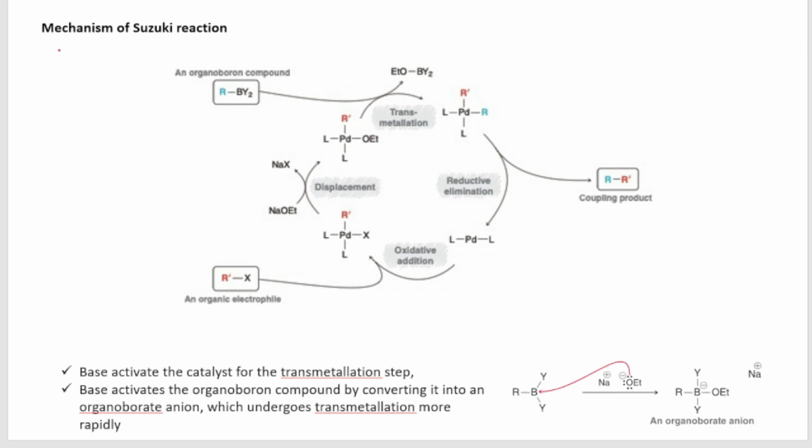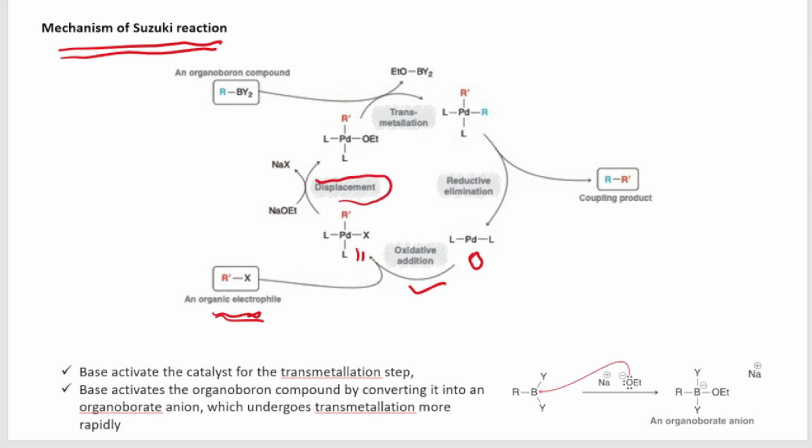And the mechanism of the Suzuki reaction. The Suzuki reaction mechanism is the same as the Stille reaction. The first step is the palladium 0 state will undergo oxidative addition, react with the organic electrophile, and it will convert into the palladium 2 state. Then displacement will happen.